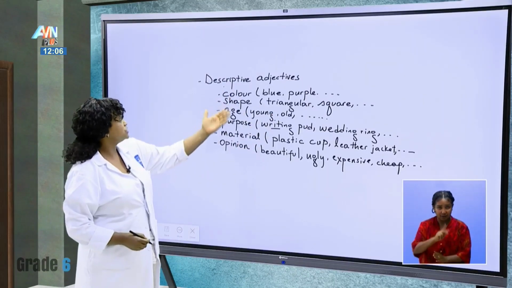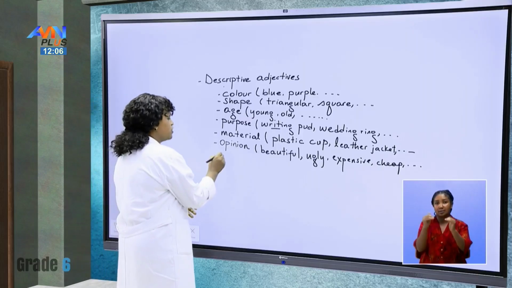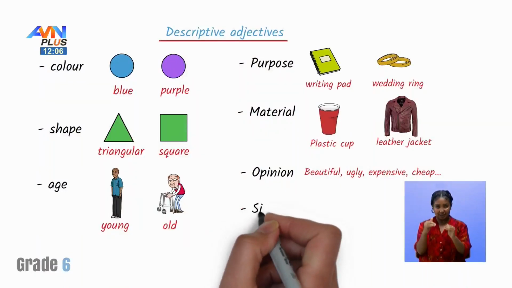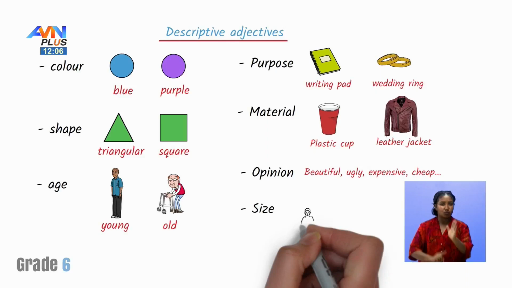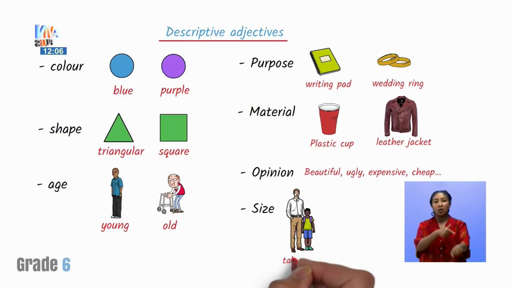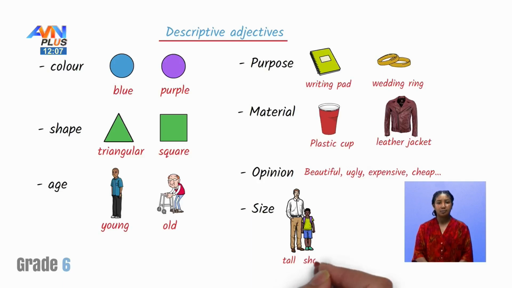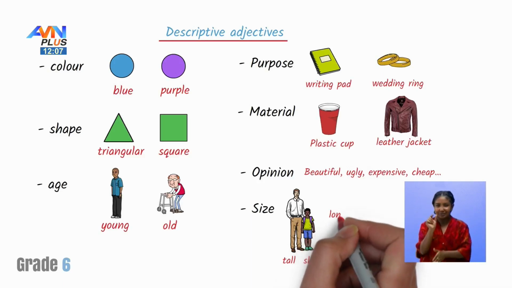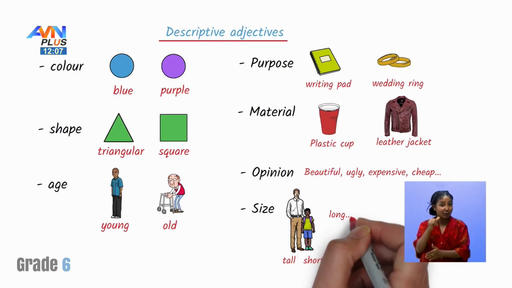Yeah? What do we say? Size. Size is obviously common, right? For example, you say what? Tall, short, long. Yes? Huge, small, tiny. These are all what? Adjectives that describe size.